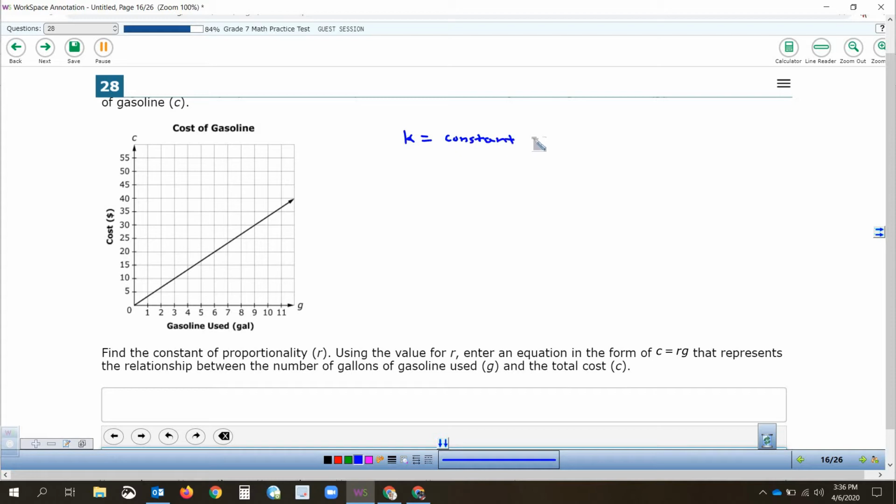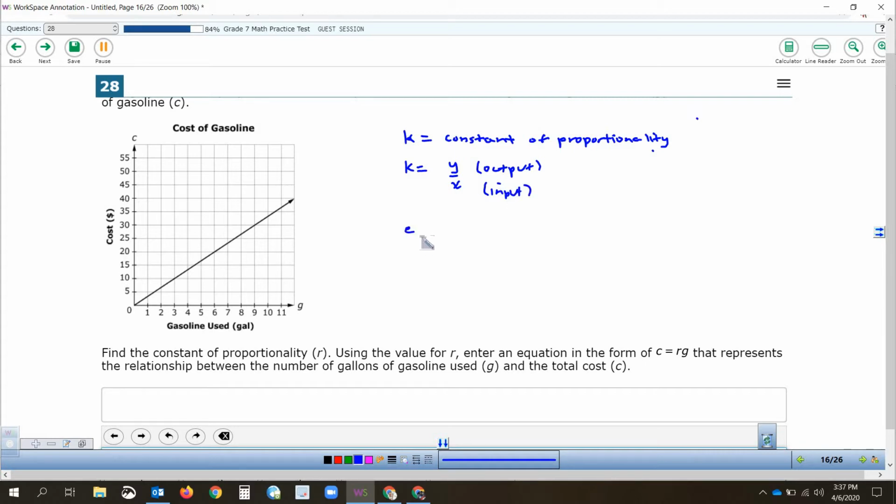K is equal to the constant of proportionality, and the constant of proportionality is equal to K is equal to Y divided by X, or the output variable divided by the input variable.